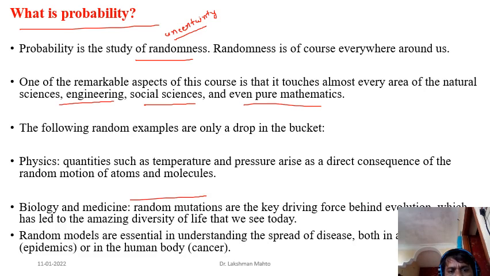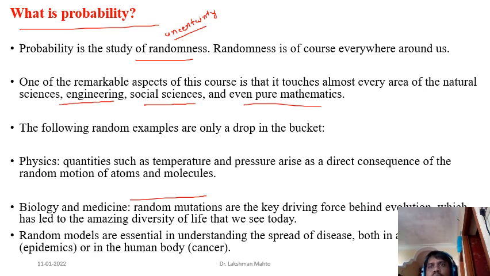Randomness is also essential in understanding the spread of disease. In this current pandemic situation, you have already heard of mathematical modeling, where people are trying to model the coronavirus and predict how much of the population will be infected.